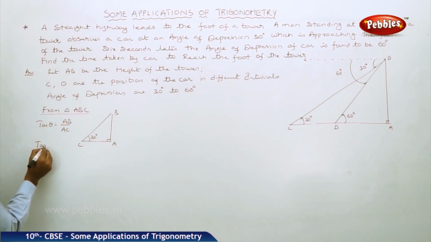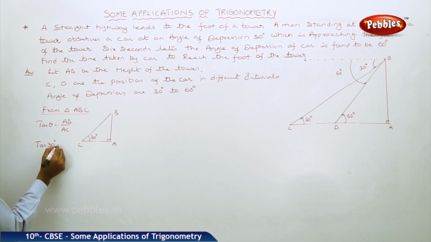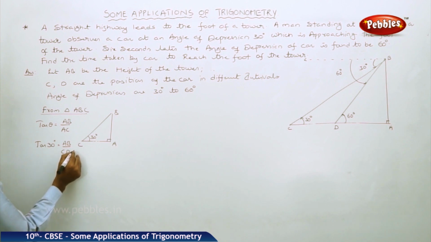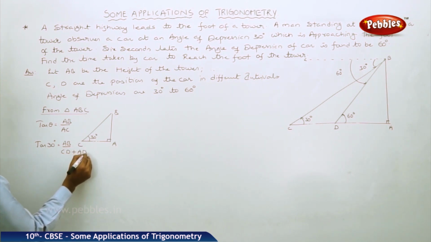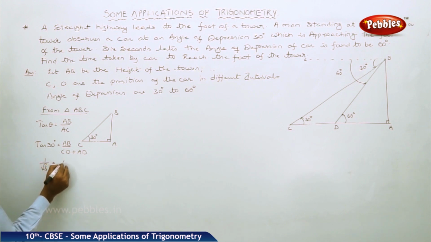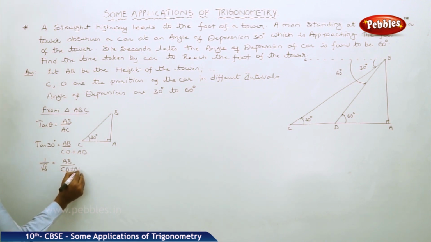Now, tan 30 degrees is equal to AB by AC, which can be broken down into CD plus AD. 1 by root 3 is equal to AB by CD plus AD.